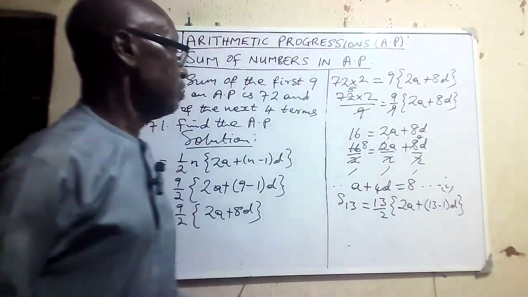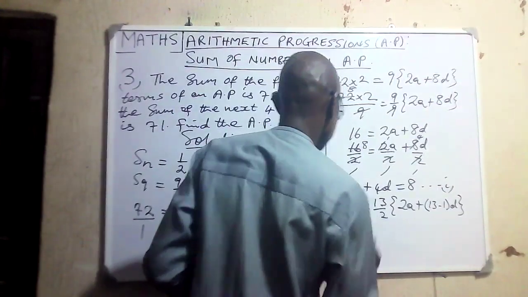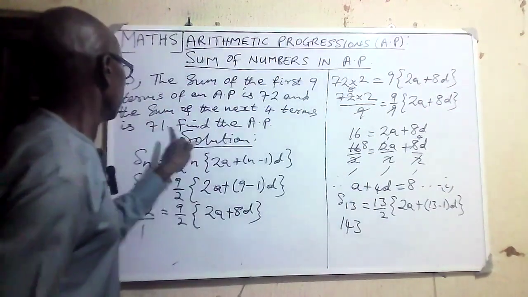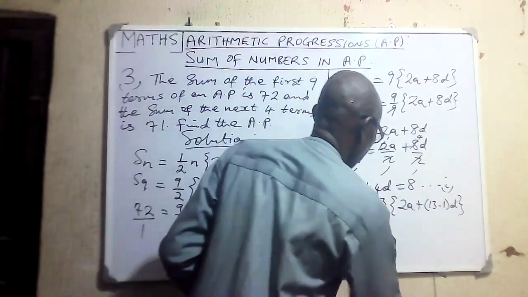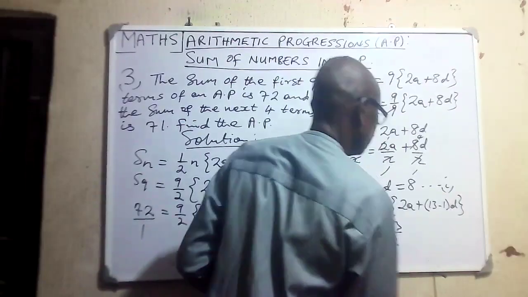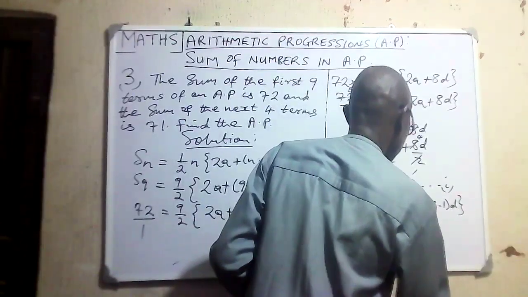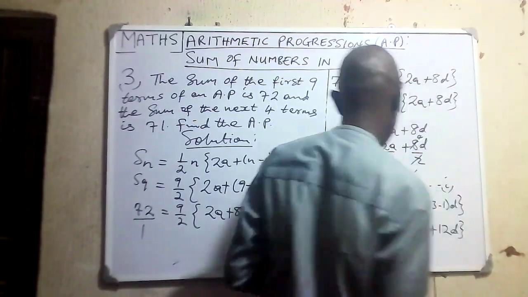Because our n now is 13. And that means that 143, because I've added 72 plus 71, 143 will give us 13 all over 2 into 2a plus 12d.